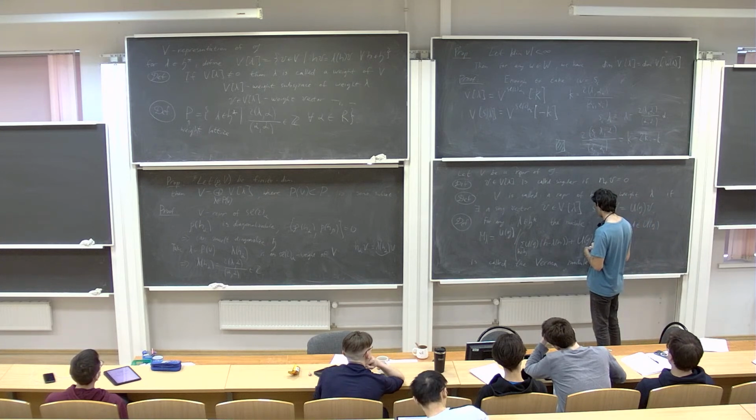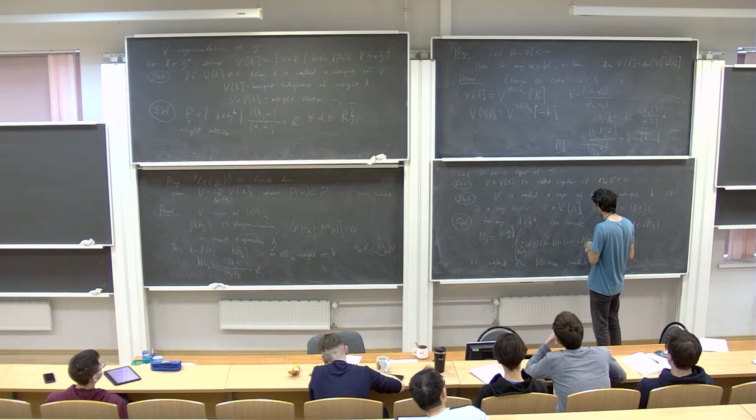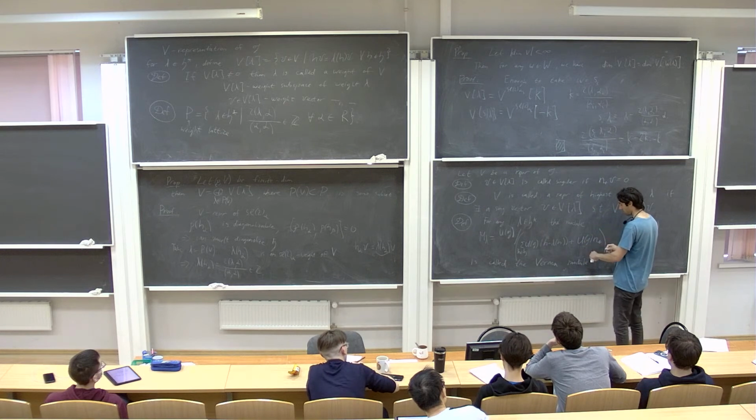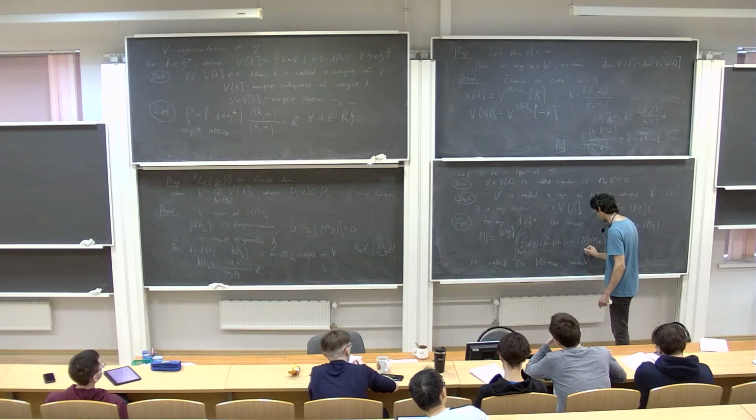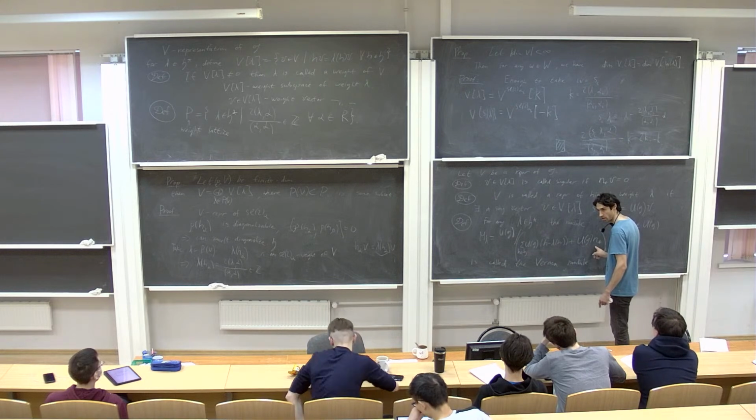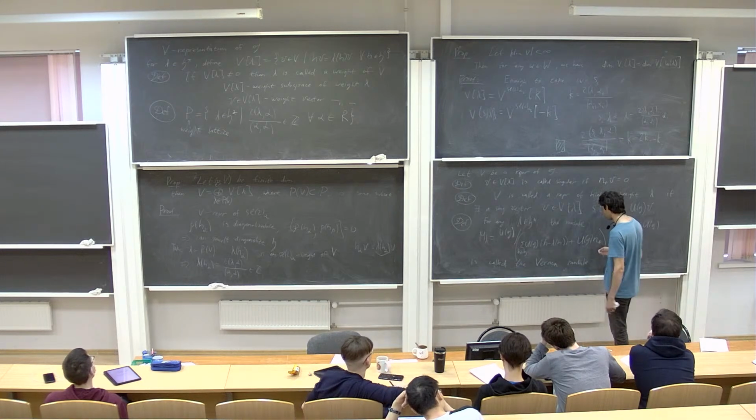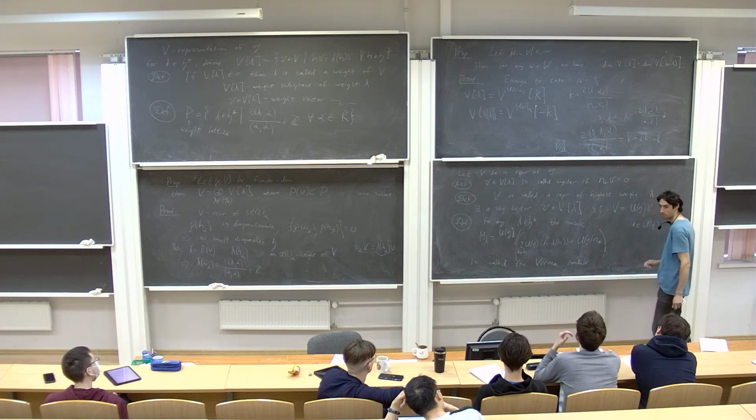Yes. So these are all sums of elements of the sort something from U of G times an element from n plus.